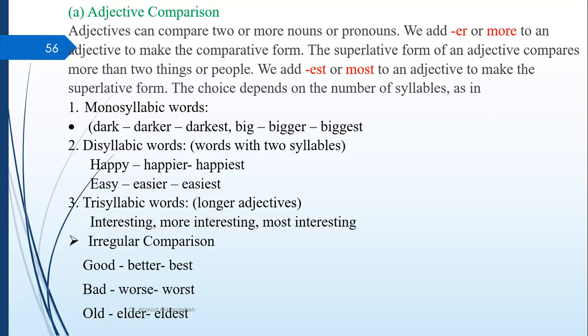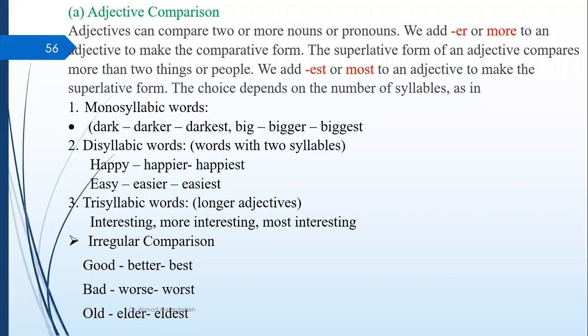We have to add more before the adjective if we'd like to make a comparison, and most before the adjective if we'd like to make a superlative. Interesting, more interesting, most interesting. Expensive, more expensive, most expensive.